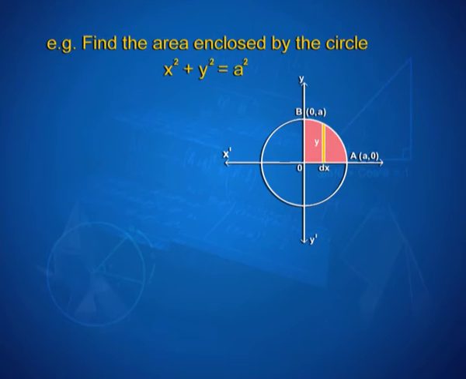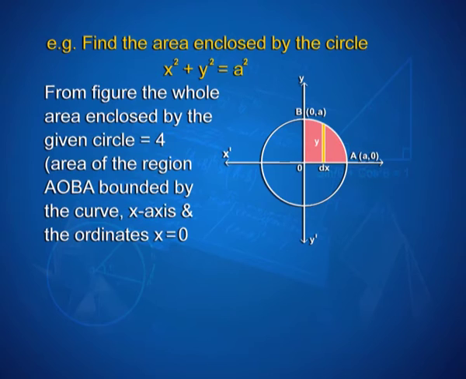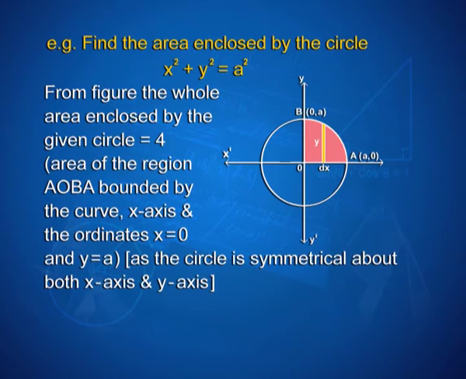Now, let us solve an interesting example. Find the area enclosed by the circle x square plus y square is equal to a square. For the solution, from figure, the whole area enclosed by the given circle is equal to 4 into area of the region AOB bounded by the curve, x axis and the ordinates x is equal to 0 and x is equal to a.